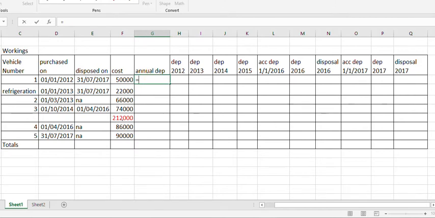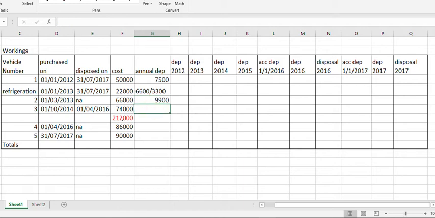In this case, 50,000 times 15% would be 7,500. The refrigeration unit for the first 2 years is 30%, which is 6,600, and then it reverts to 15%, which is 3,300 thereafter. 15% for vehicle 2 is 9,900.